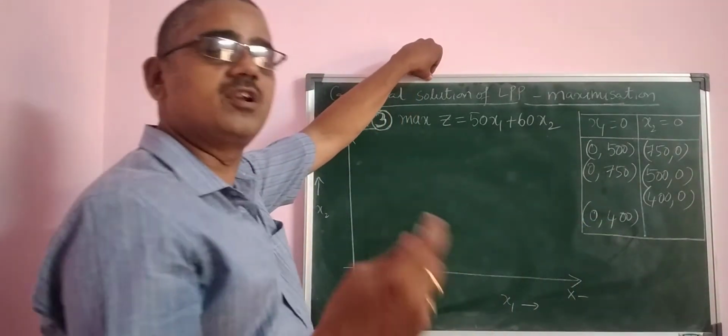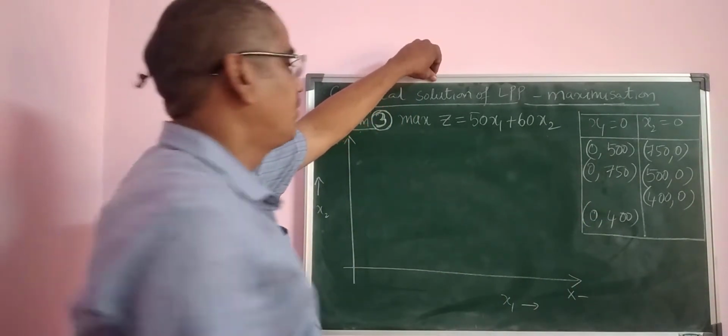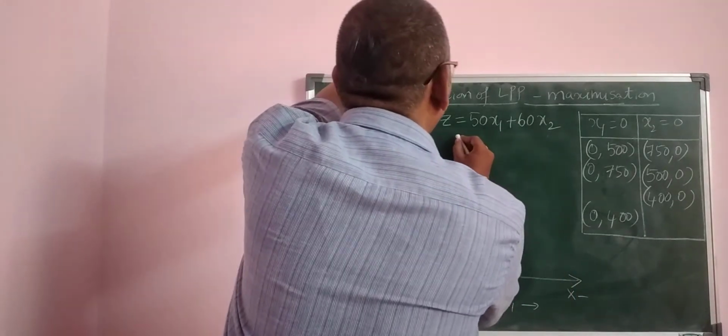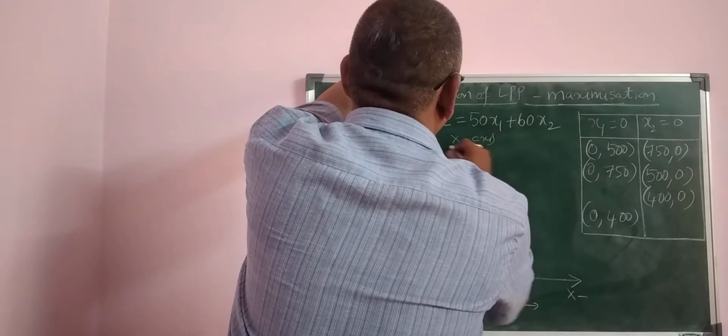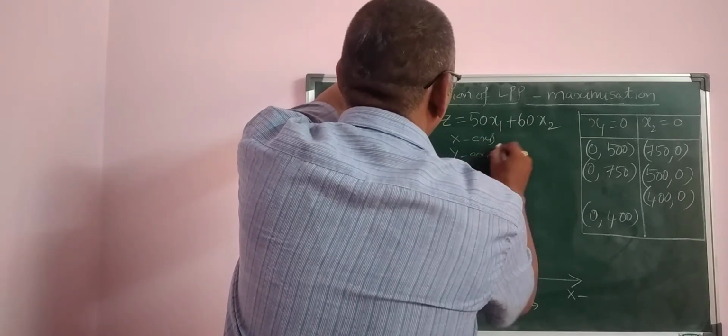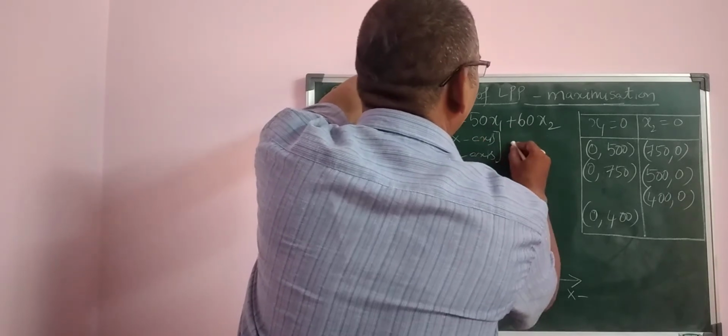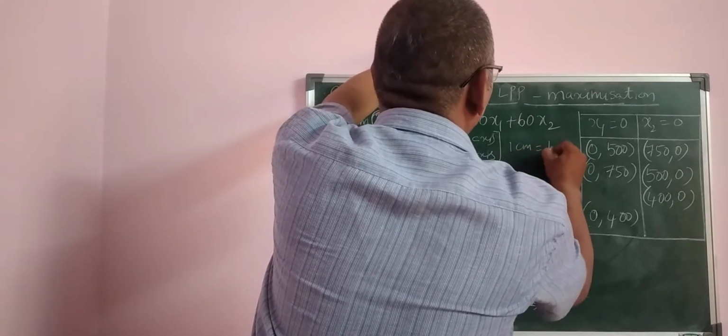So there you can consider 100, 200, 300, or you can consider 50, 100, 150, where 1 centimeter is equal to 50 units. I am considering here 100 units. So on the x-axis and y-axis, I am considering the scale as 1 centimeter is equal to 100 units.